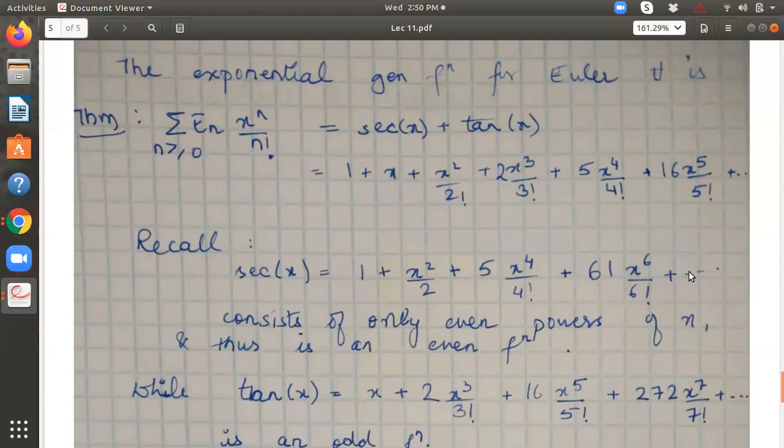So clearly this has only even powers of x: x to the 0, x squared, x to the 4, x to the 6. If instead of sec x, I had considered sec of minus x, what will be the answer? Same thing. Sec of minus x equals sec of x. Therefore, sec is an even function.